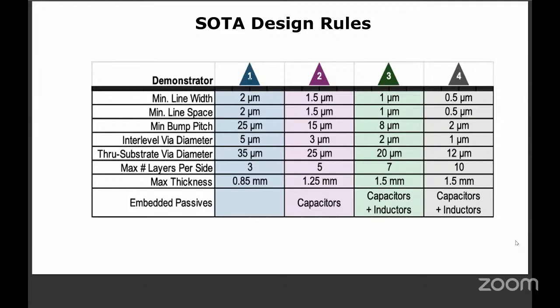This is a roadmap, a technology demonstrator done in US design houses and even in Europe. Right now, at readiness level 1, it is 2 microns line width and space, bump pitch is 25 microns on Ultra HDI, via diameter 5 microns, through substrate via 35 microns, layers per side 3 plus n plus 3, and maximum thickness is 0.8 mm.